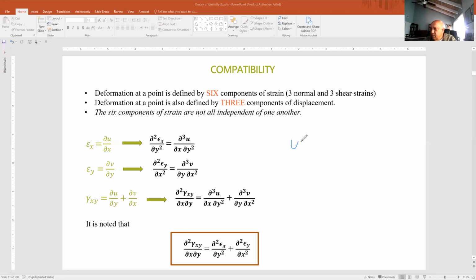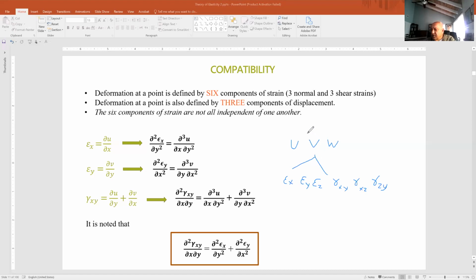We have u, we have v, we have w, and from these three components, we developed the equations for epsilon x, epsilon y, epsilon z, gamma xy, gamma xz, and gamma yz.